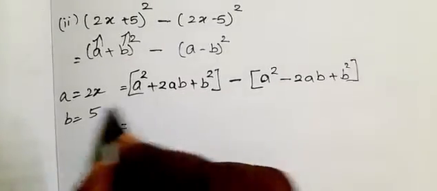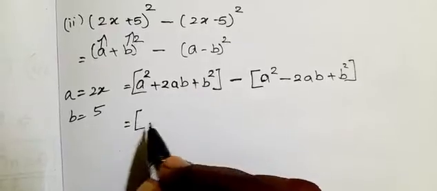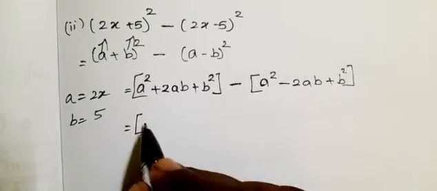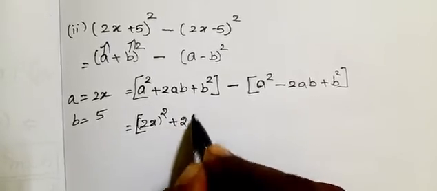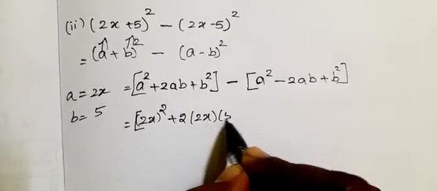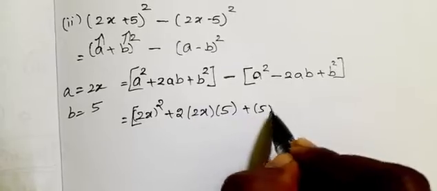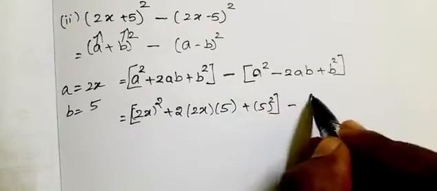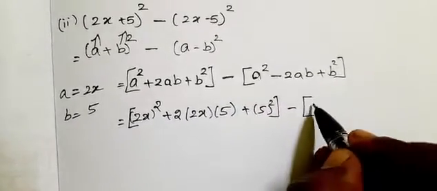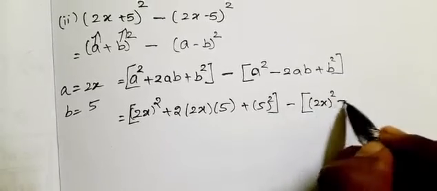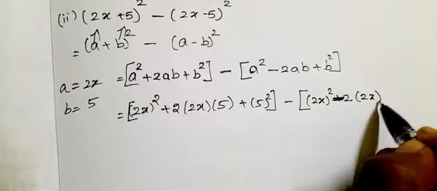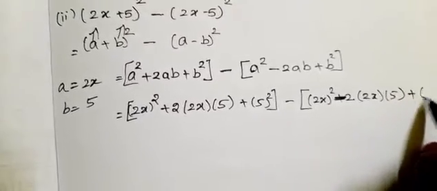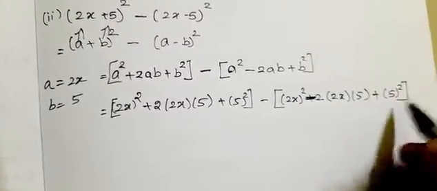Now let us substitute the values here. (2x)² + 2·2x·5 + 5², minus, again, the next expression: (2x)² − 2·2x·5 + 5².